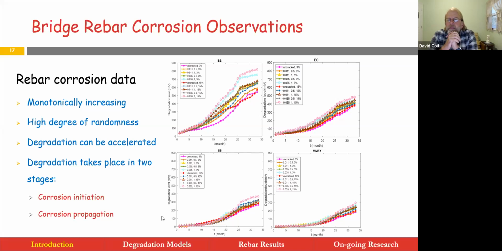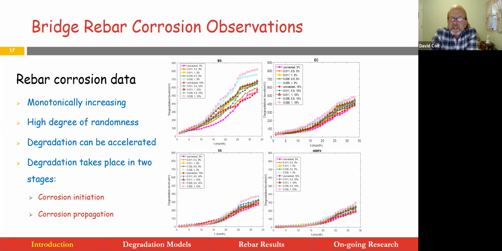Now, looking at all this data, I've taken the same data and plotted it somewhat differently. Of the 4 graphs you see here, each graph represents a rebar material. Let's just look at these before we do any modeling. And what do we see? Well, one is it's monotonically increasing. Well, that's not a huge surprise.